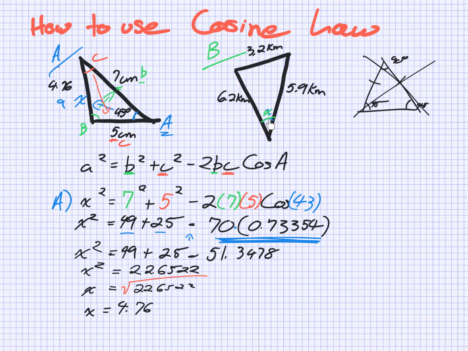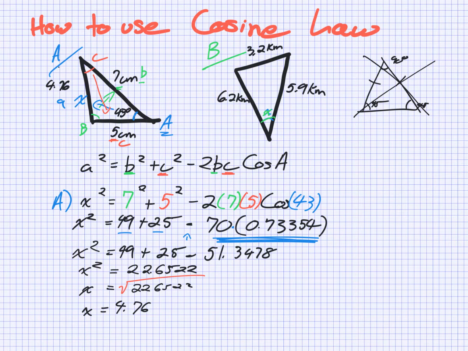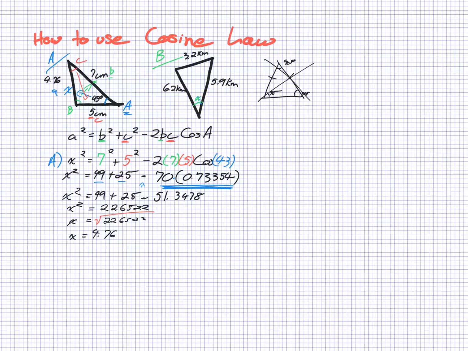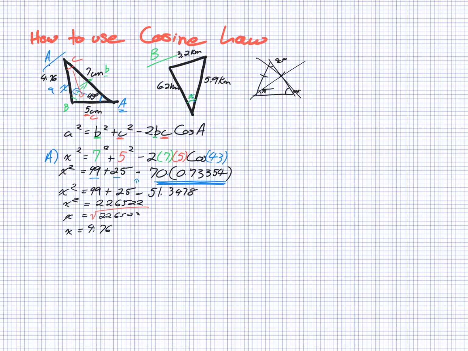Let's take a look at cosine law when it's sides. I'm going to write the same cosine law out again, and we'll call this scenario B. A squared is equal to b squared plus c squared minus 2bc cos angle A. What's important here is we're looking for this angle in this case.